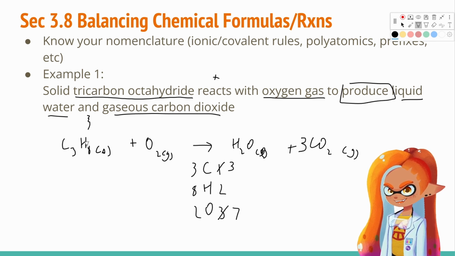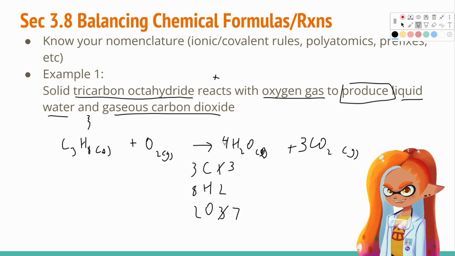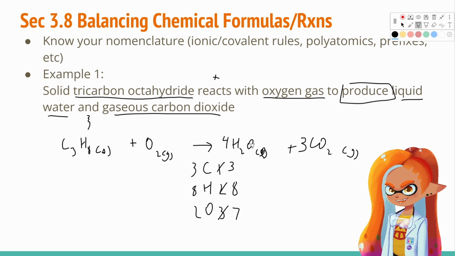And so hydrogens, I have 8 versus 2. If I put a 4 in front of water, 4 times 2 is 8, so there's going to be 8 hydrogens. Oxygen is now 4 times 1, which is 4, but then I also have the oxygens over here. So remember, there's 4 over here, and then 3 times 2 is 6, so 4 plus 6 is going to be 10 oxygens now.